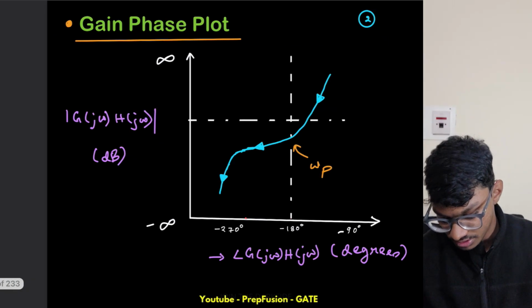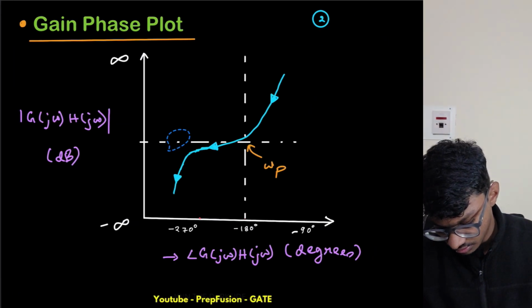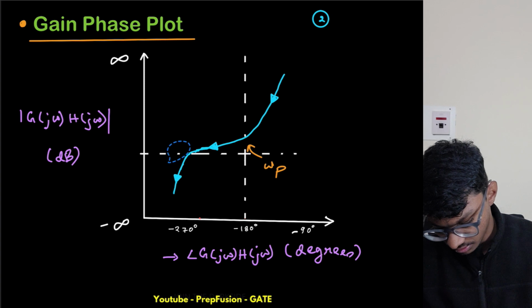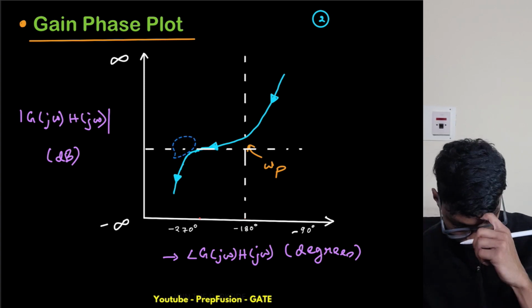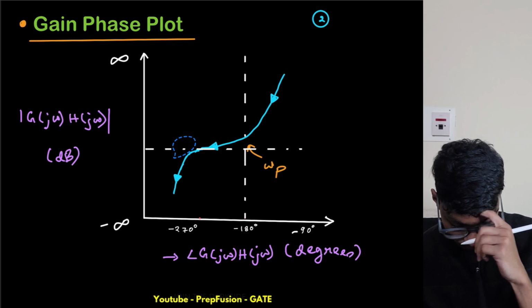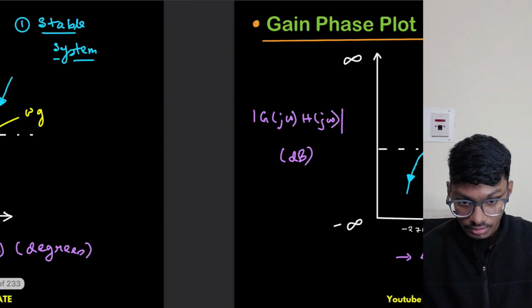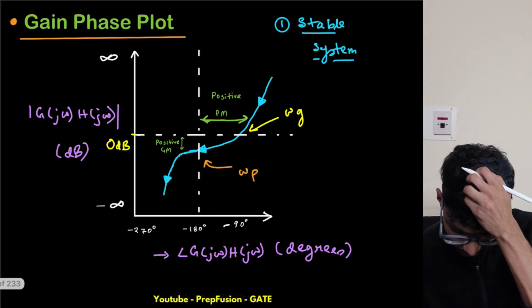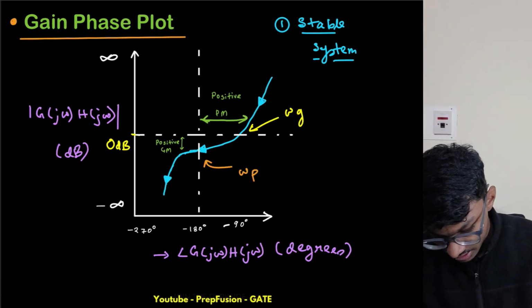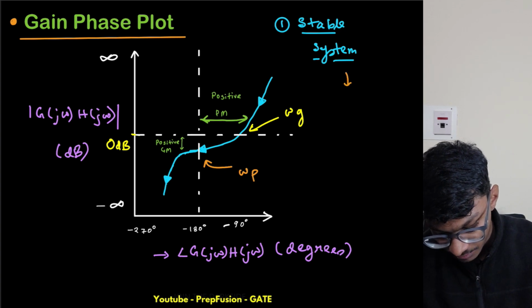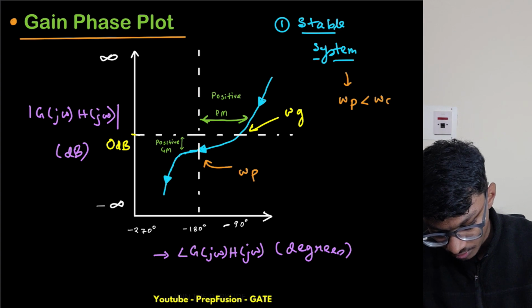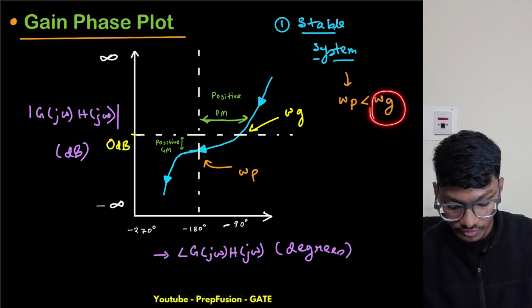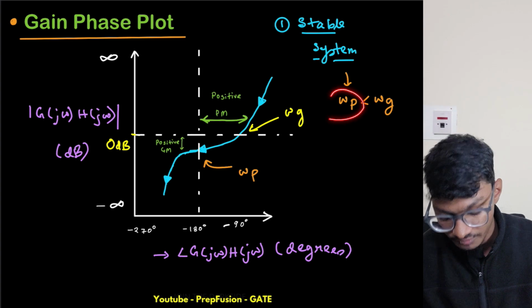So what I was telling was that for stability I mentioned another parameter: my omega p should be less than omega g. So gain crossover frequency should be more than my phase crossover frequency.